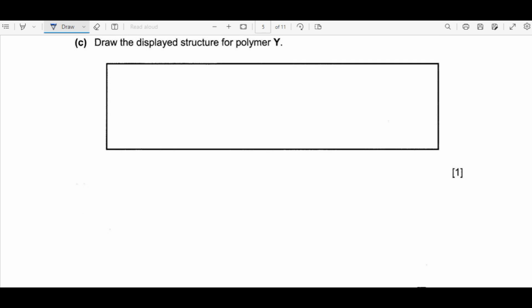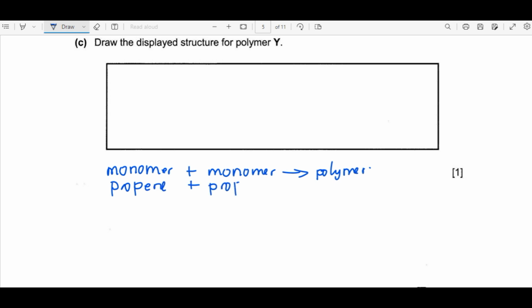The concept is we have one monomer plus another one. Let's just use two monomers. Then the product is a polymer. In our case, the monomer is propene plus another propene. Make sure the monomers are the same. The naming of the polymer is, you always begin with the word poly, then you add the name of the monomer. So this becomes polypropene.